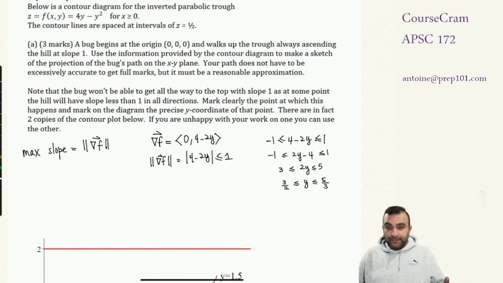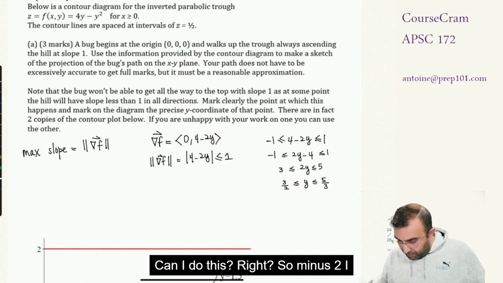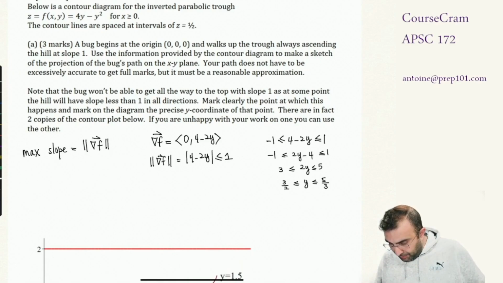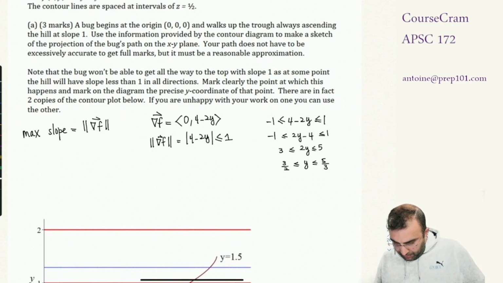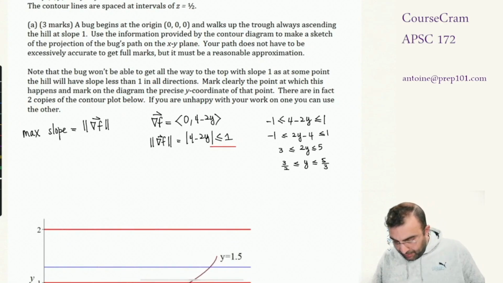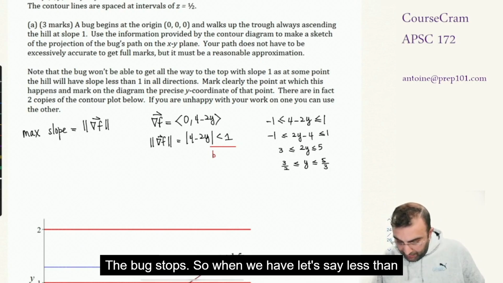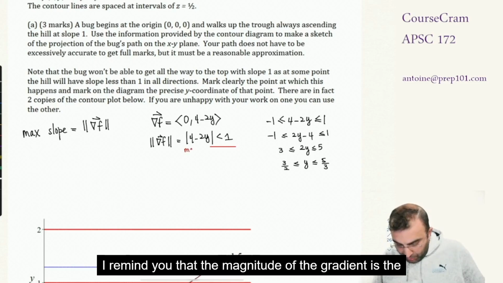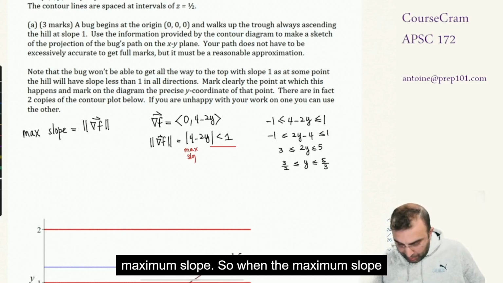Did I do this right? So minus 2y multiplied by negative. Right, so when we get this, the bug stops. So when we have, let's say, less than 1, right? When we get a maximum slope, I remind you that the magnitude of the gradient is the maximum slope.